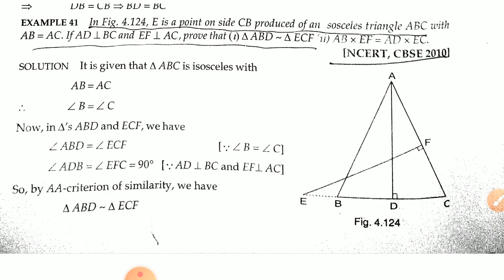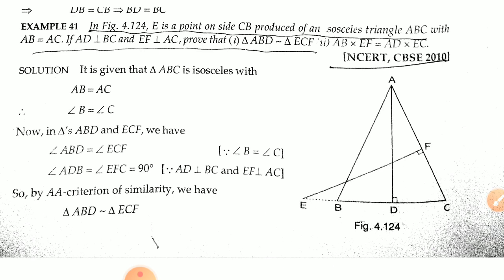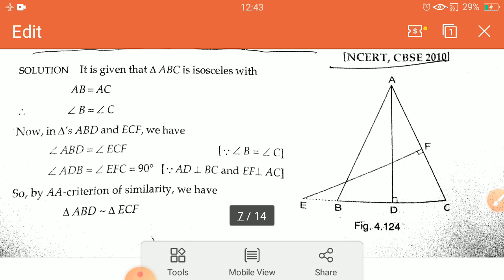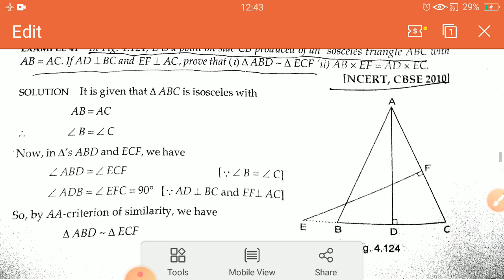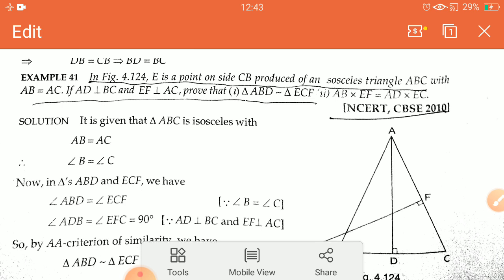Now we will see one more question, that is in the figure. E is a point on the produced side CB.